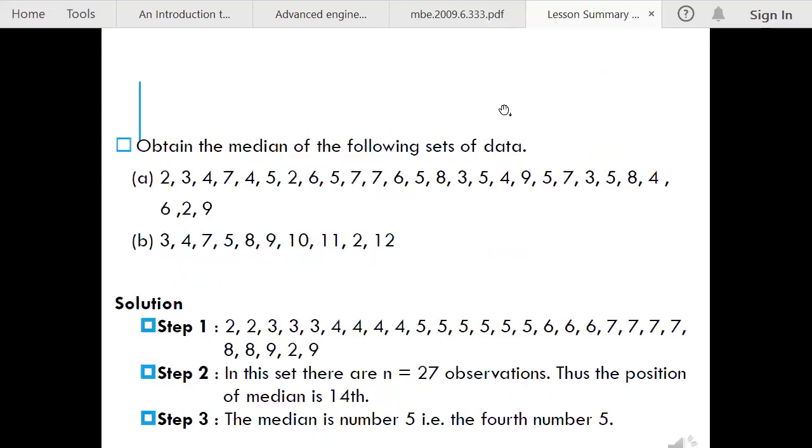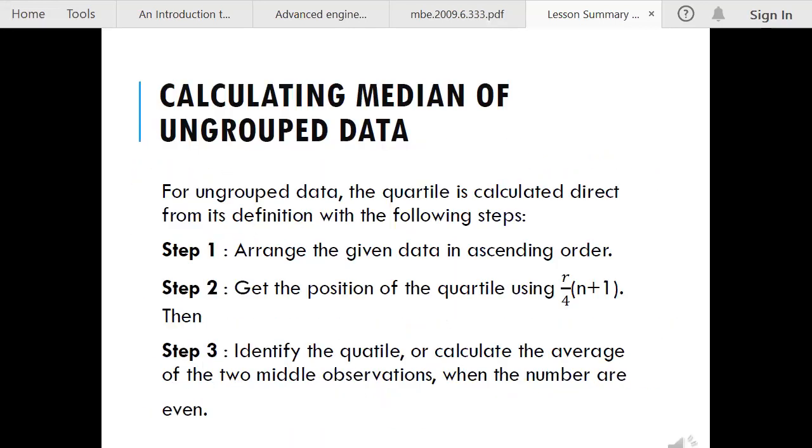Okay, so moving on, let's refresh our memories. We said that there are 3 steps involved in finding the median. The first step is to arrange your data in ascending order.